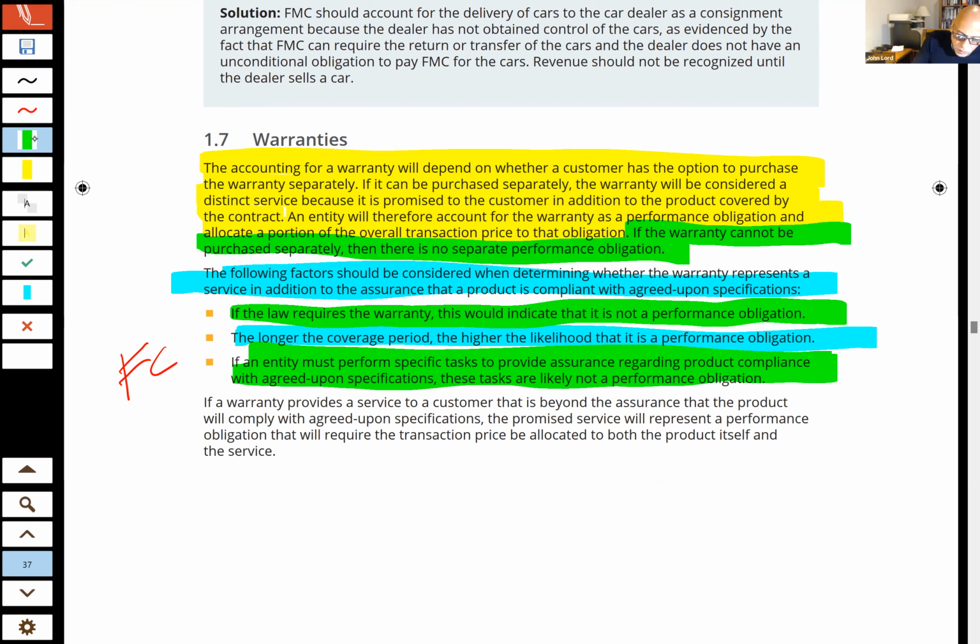Now, if a warranty provides service to a customer that is beyond the assurance that the product will comply with the agreed upon specification, then the promised service will represent a performance obligation and require the transaction price to be allocated. So all of these are basically the ins and outs of when it will and when it won't.